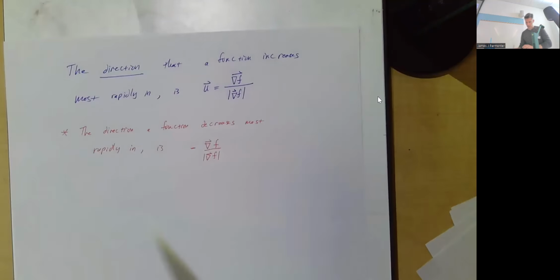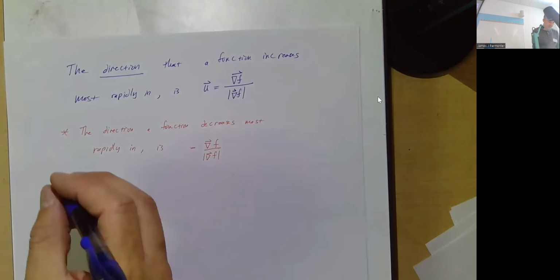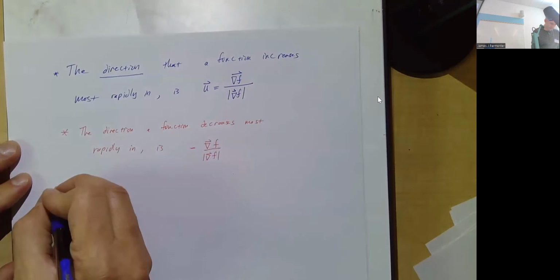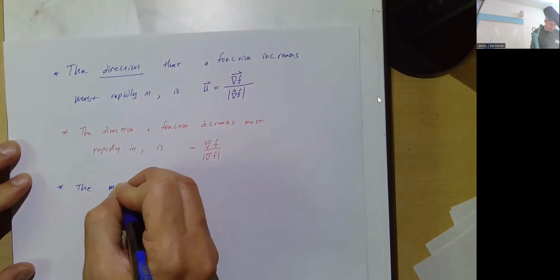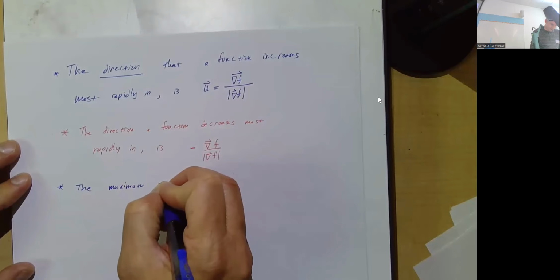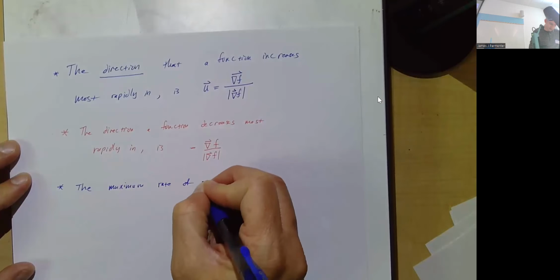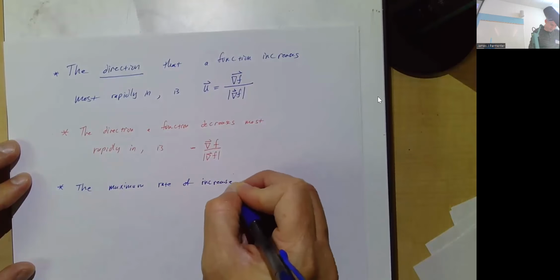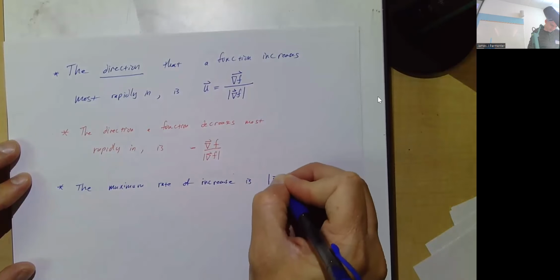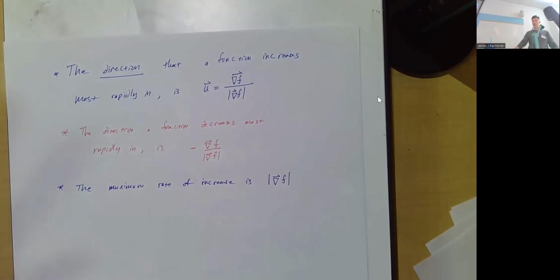And then finally, the maximum rate of change or rate of increase is just the magnitude of the gradient of f, apologies. And those are things that come up over and over again.